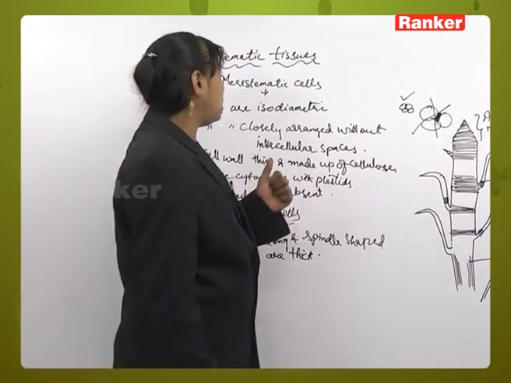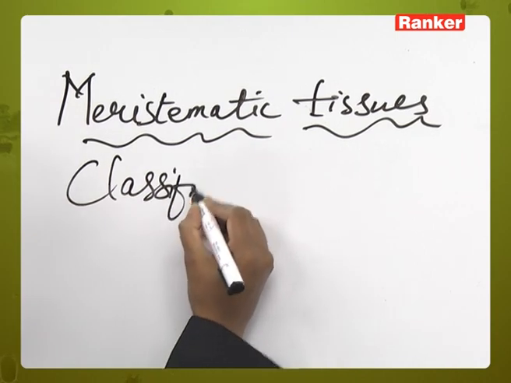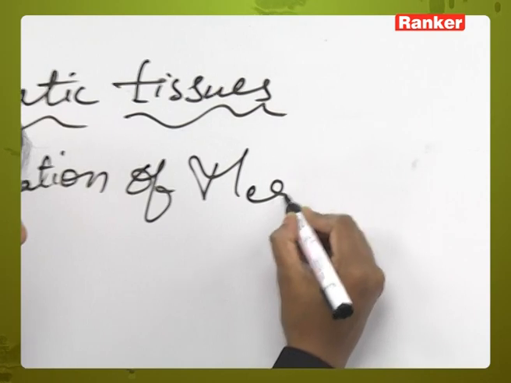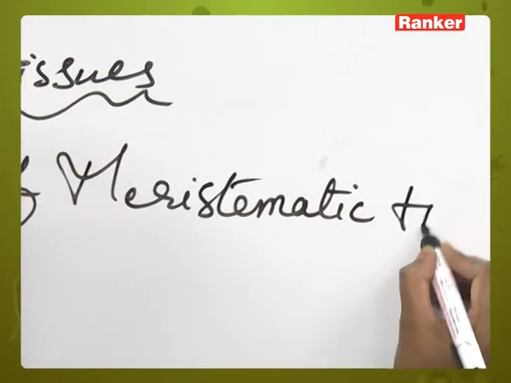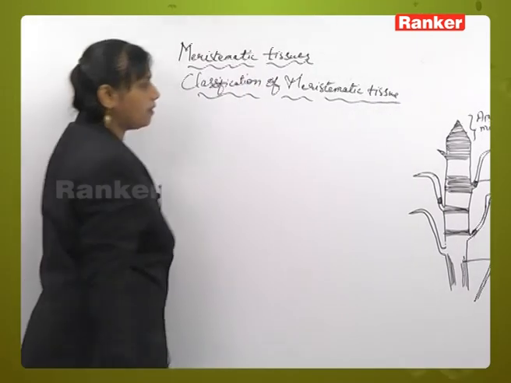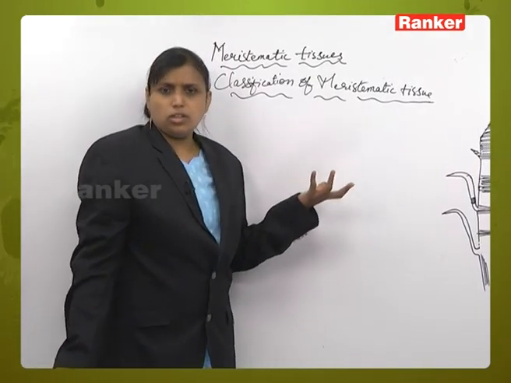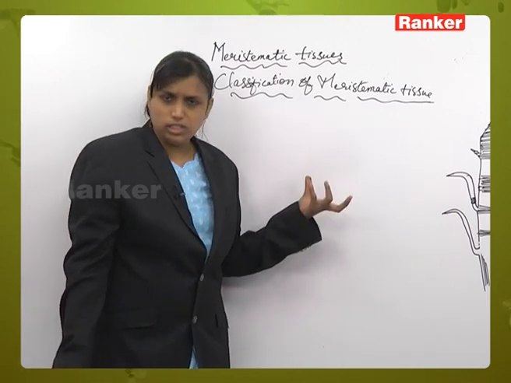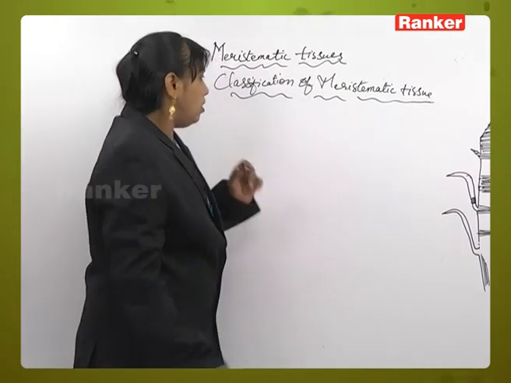What is the classification of meristematic tissue? On the basis of origin, position, and the function it is undergoing, meristematic tissue can be classified into different categories. What are the criteria?